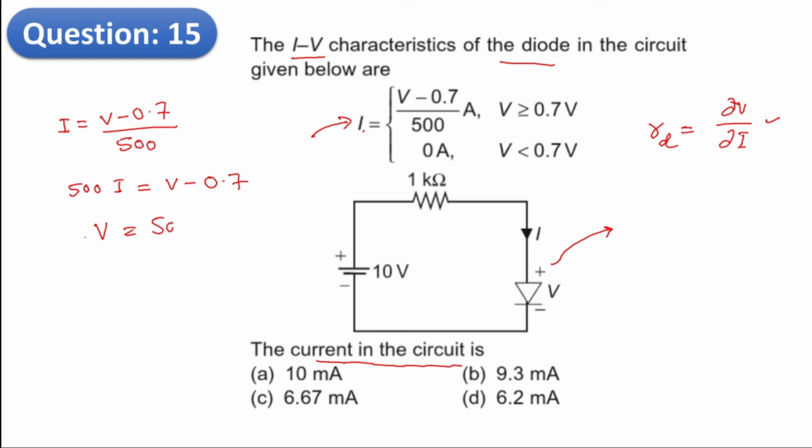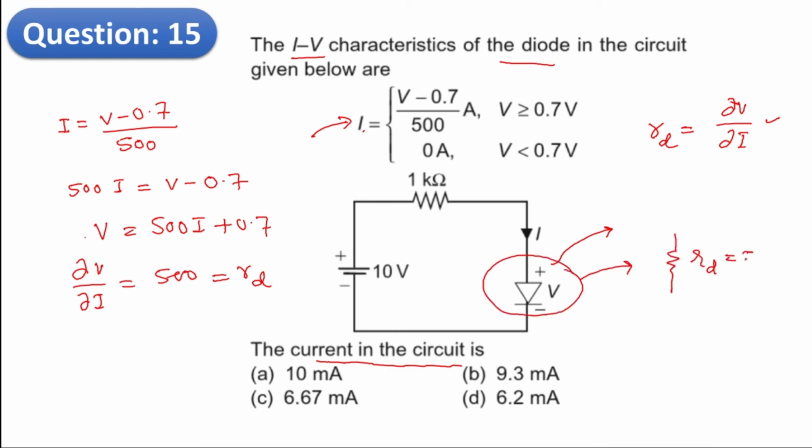Now we can calculate dV by dI, and this is equal to 500. This is RD, that is dynamic resistance. So here we can replace this diode with the diode resistance RD, which is equal to 500.